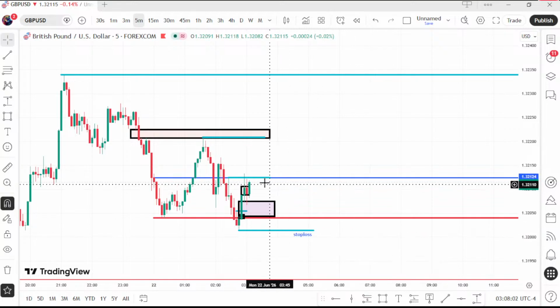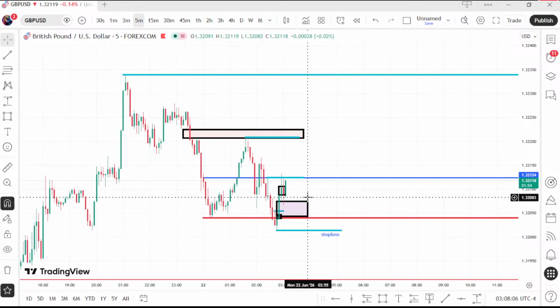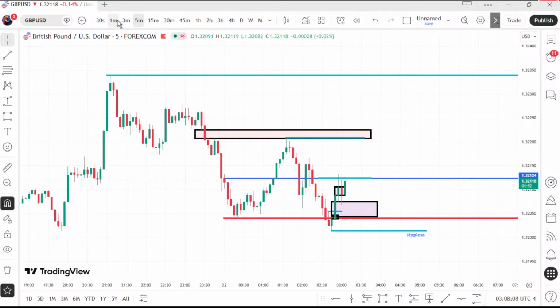That's the stop loss. It still stacks, neither moving up or down. Yes, that's true. That's our profit that we're expecting on a Monday.